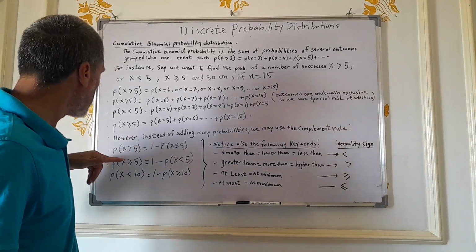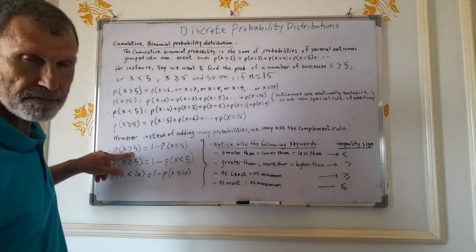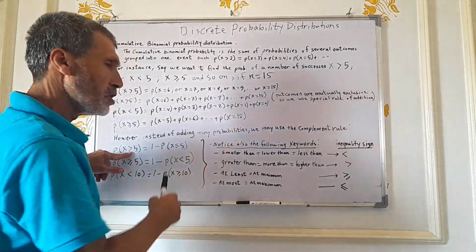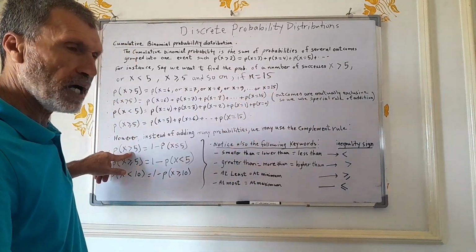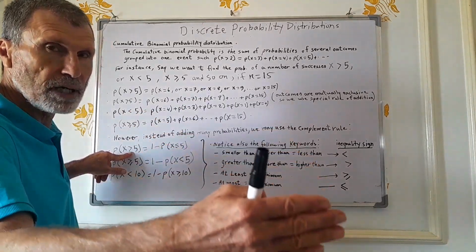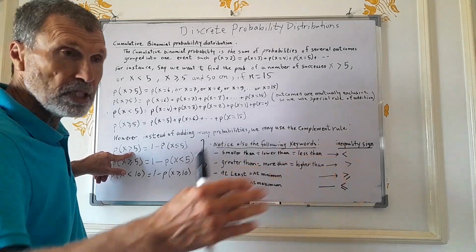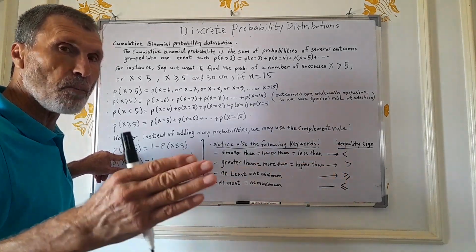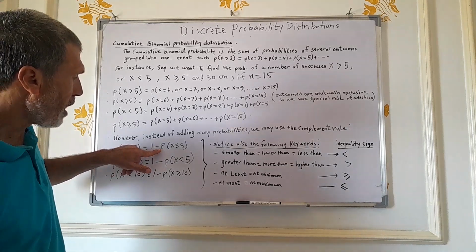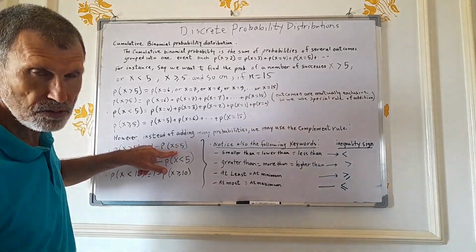So for instance, probability of x greater than 5, since n is 15, you have to add probability of x equal 6 plus probability of x equal 7, all the way till x equal 15. So lengthy. So instead of that, you use the complement rule. So probability of x greater than 5 is equal to 1 minus probability of x less than or equal to 5.